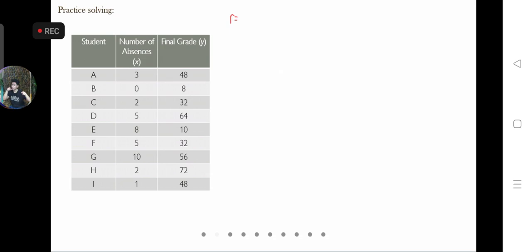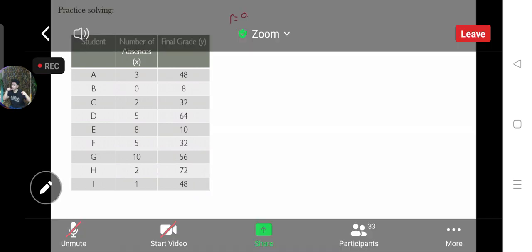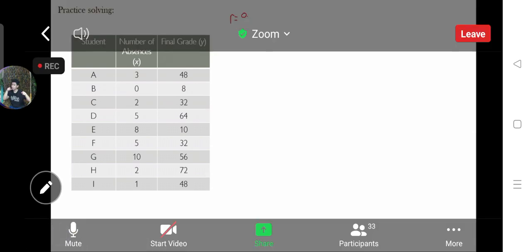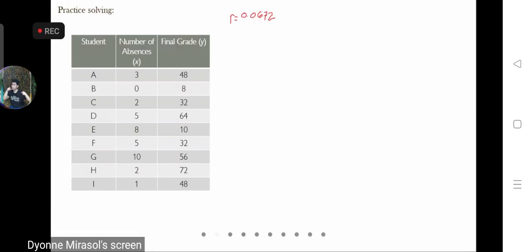Anyone who has the value? 0.982? No, that is the critical value. It is 0.0672. Okay, 0.0672. So let's first write our values in R.